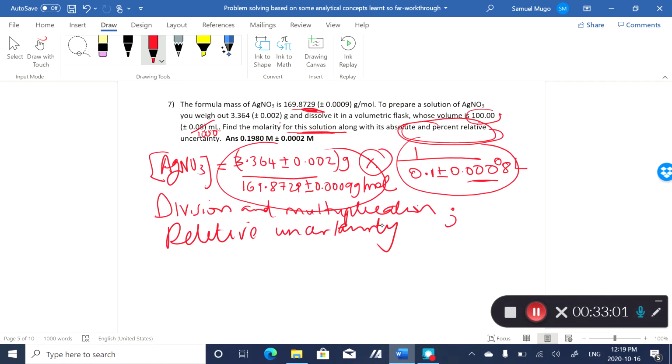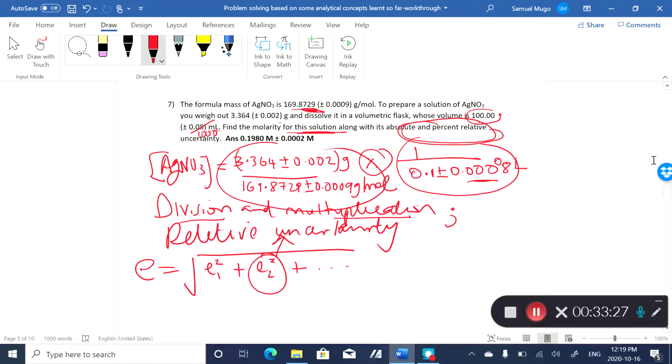If my computational manipulation involves division and multiplication, then I should propagate the errors I put in my error propagation equation: the error squared 1, the error squared 2, and so forth. These errors should be relative uncertainty if my manipulation is a division or multiplication.